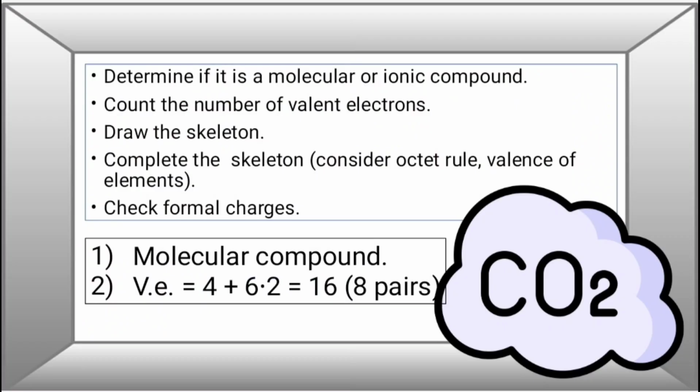Let's summarize them. 4 electrons for carbon plus 6 times 2, because there are 2 oxygen atoms in this molecule. Each of them has 6 valence electrons. So when we multiply 6 by 2, we summarize it with 4, we get 16 electrons or 8 pairs.